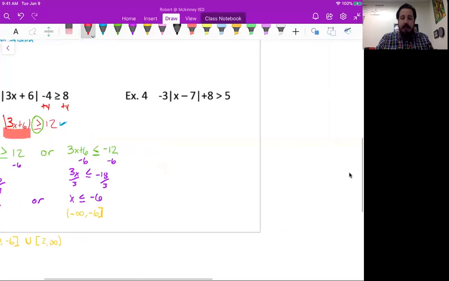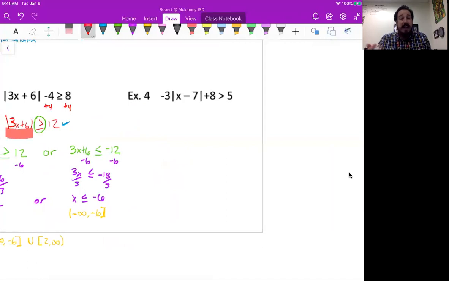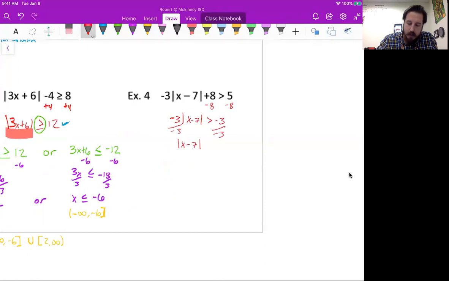Looking at example 4, again, I need to isolate first. So I subtract 8 from both sides. So I've got negative 3 times the absolute value of x minus 7 is less than negative 3. I need to divide both sides by negative 3, giving me the absolute value of x minus 7.